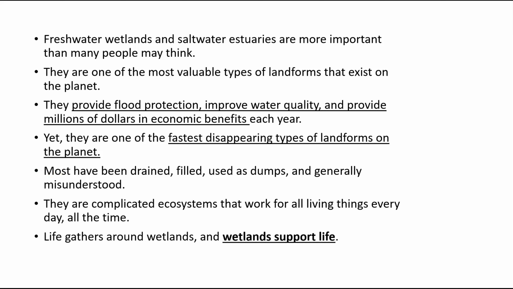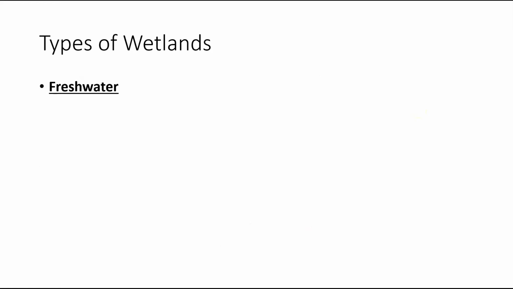And the most important thing to understand is that we need to maintain our wetlands because wetlands are really important supporters of life in general, not just for humans, for these ecosystem services mentioned there, but they're super important habitat.